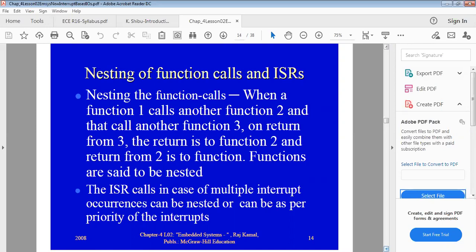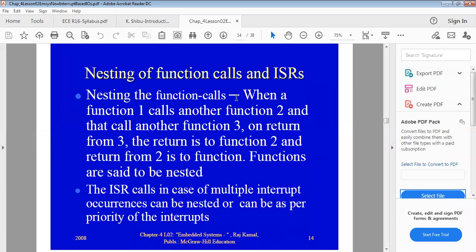That is the nested function calls. When function 1 calls another function 2, and function 2 calls another function called function 3, on return of function 3, the return goes to function 2.